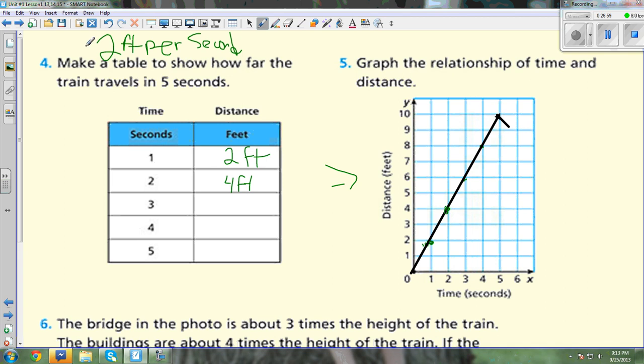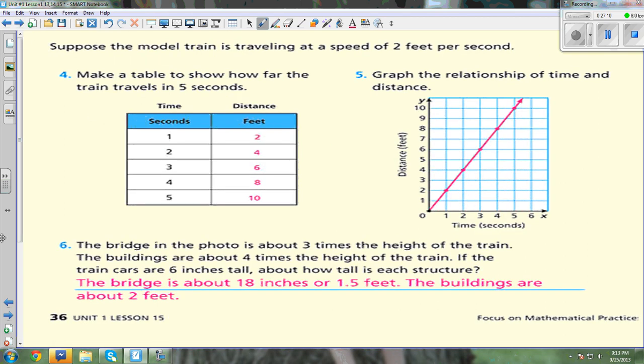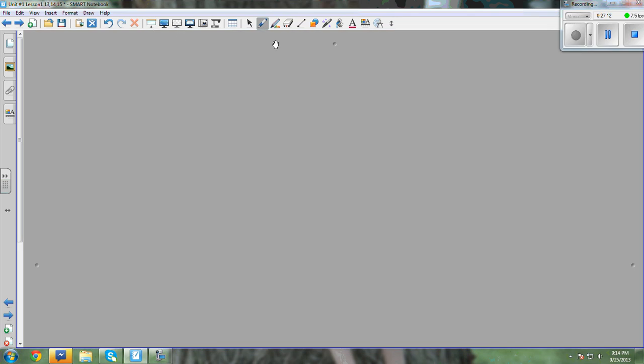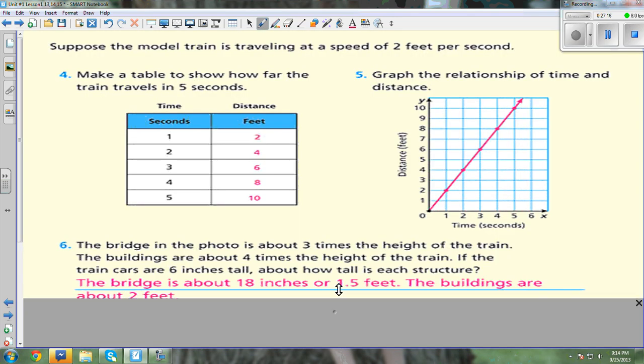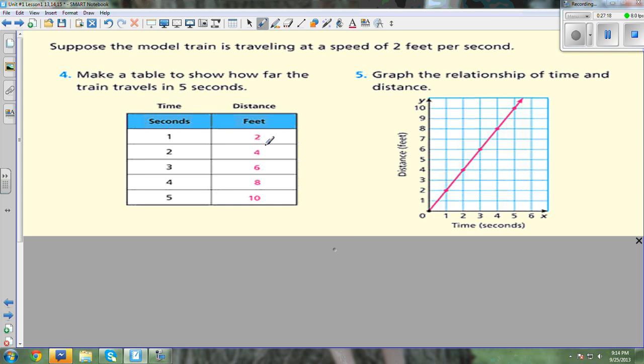So for 4, make the table. For 5, make a graph, and graph 3, 4, and 5. So let me just close this down, and we have the table, 2, 4, 6, 8, 10. So your answer for 5 seconds would be 10 feet. 2, 4, 6, 8, 10.